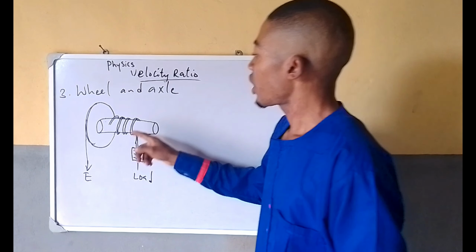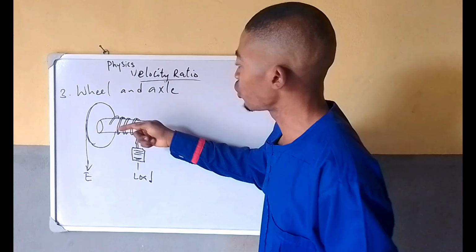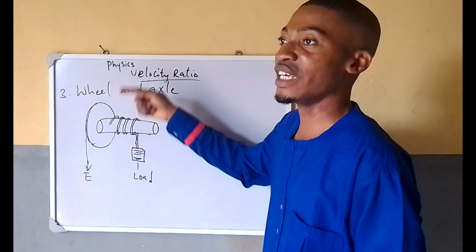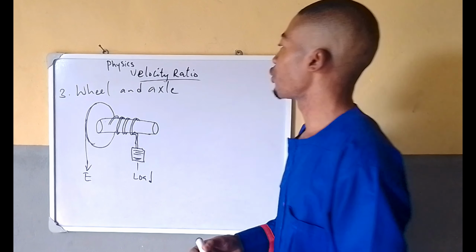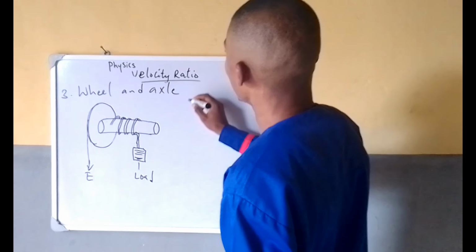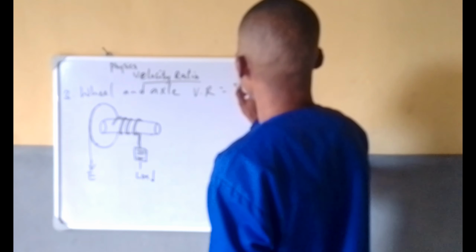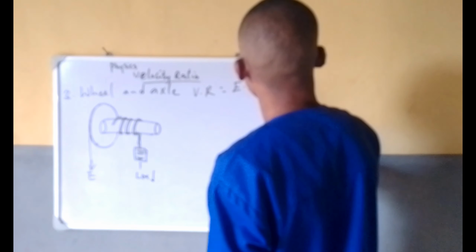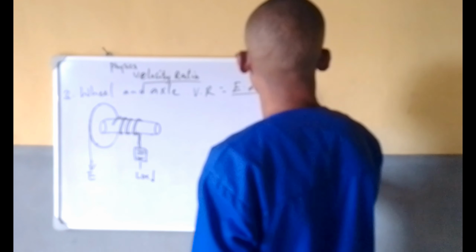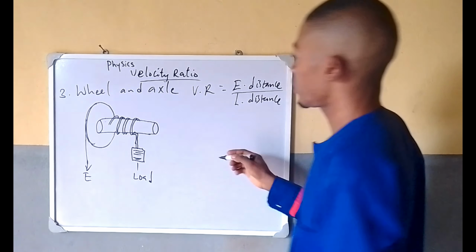Circles. As this one is turning through a circle, this axle here is also rotating, making a circle as well. Therefore, we can write our velocity ratio, that velocity ratio VR is effort distance over what? Load distance. That is the formula for velocity ratio.